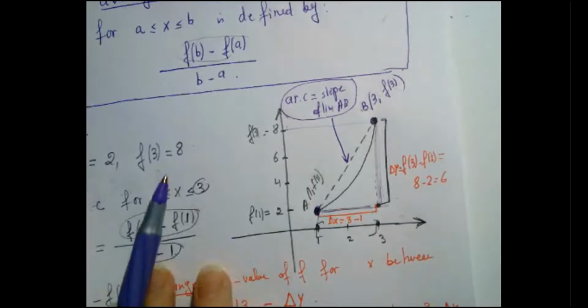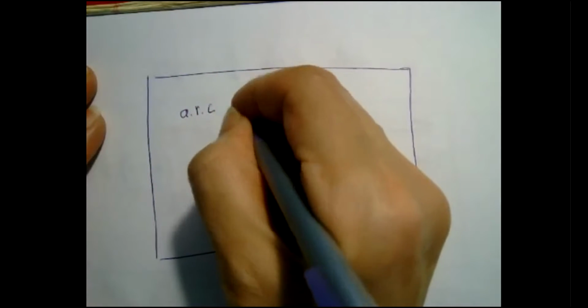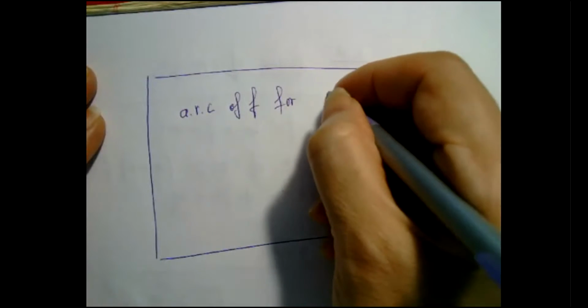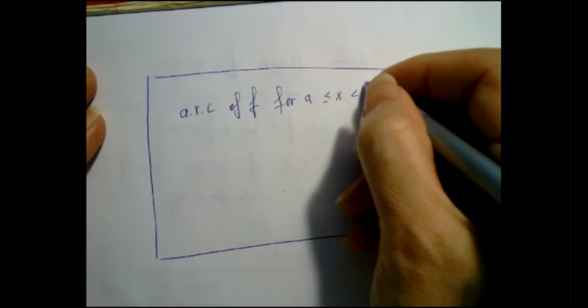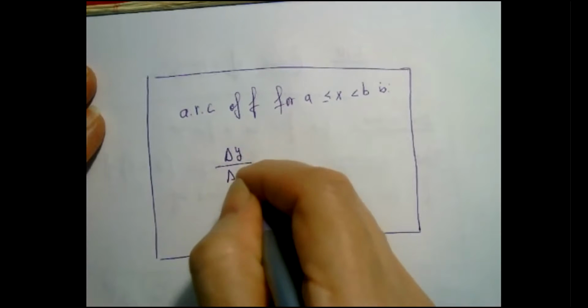Okay, so very good. Now I will rewrite the average rate using delta y, delta x. The average rate of change of a function f for x between a and b is the change of y, the output values, over the change of x.